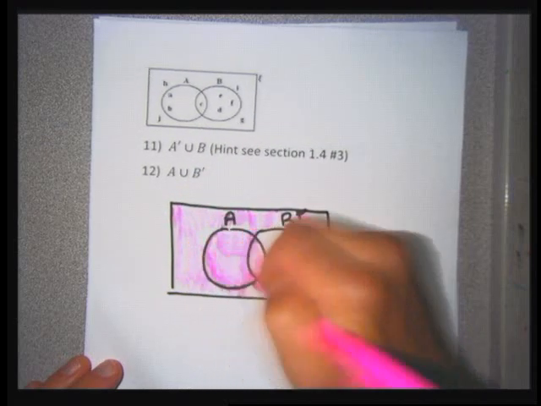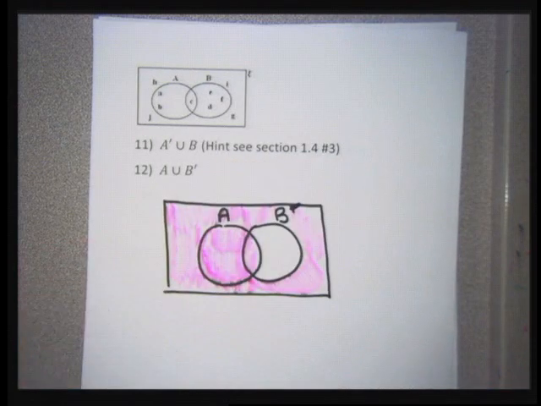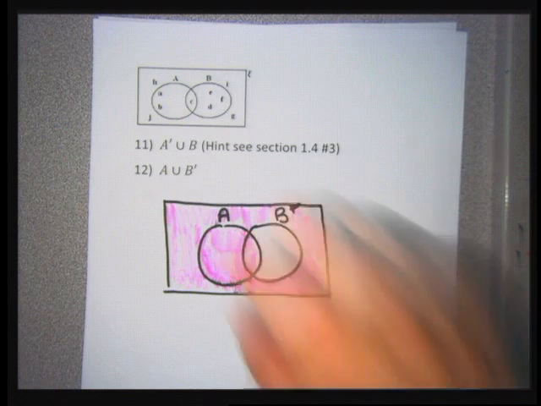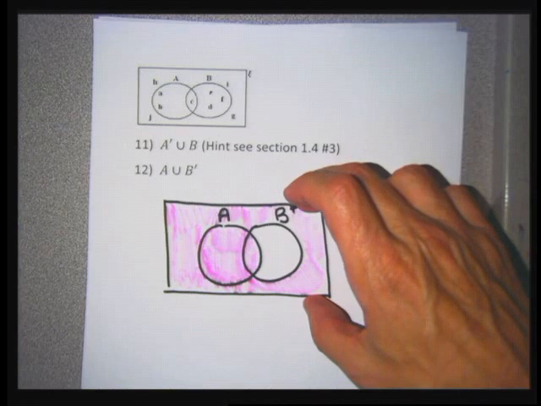So this is a picture of A union B prime. It takes the entire A circle, unions it together, and adds everything outside the B circle to it.